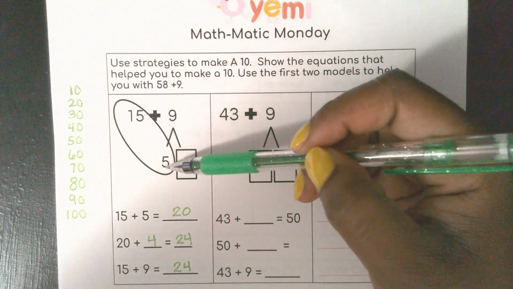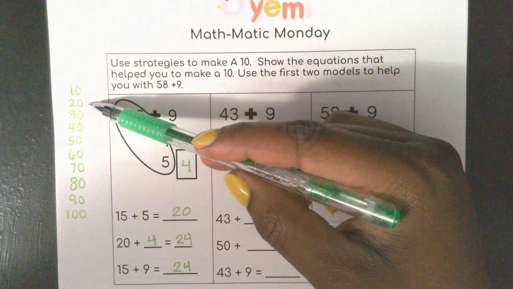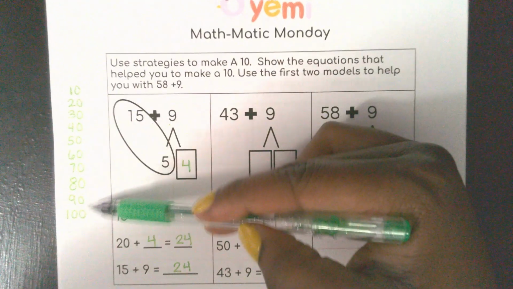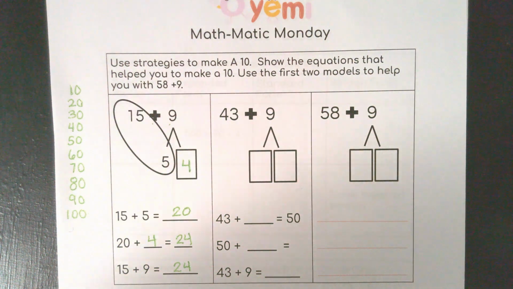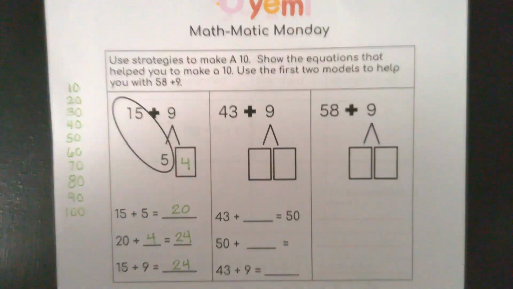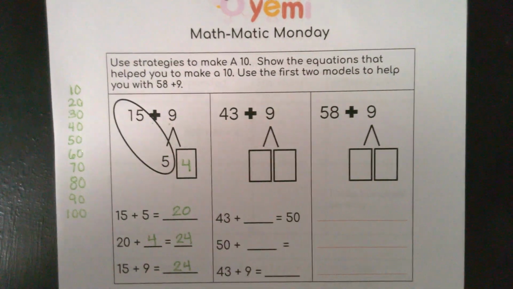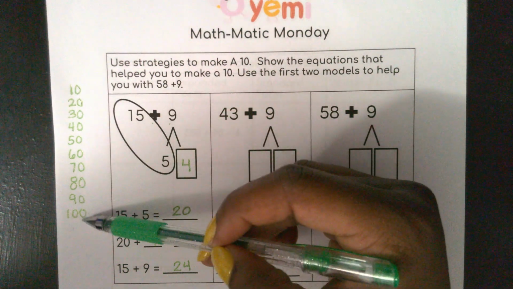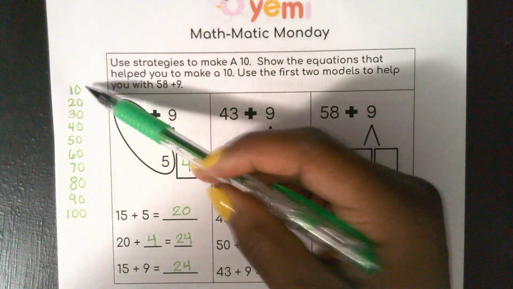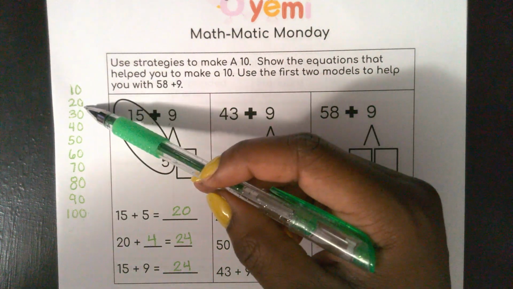15 and 5 gives me the 10, 20. So these are all of my 10s. Remember we wrote those down? Those are all my 10s on the side. I'm sorry it's so bright. I can make it so it's not so bright. So these are all of my 10s on the side over here. And the next 10 I can make after 15 was 20.